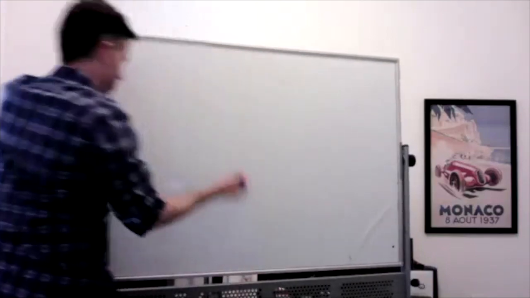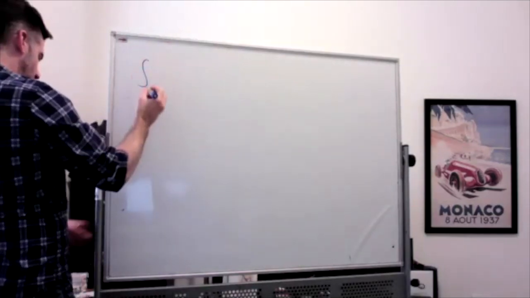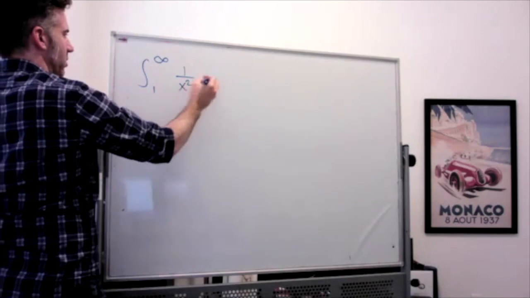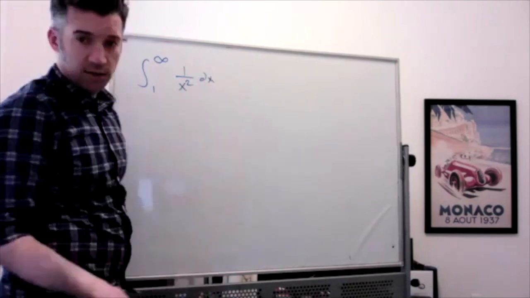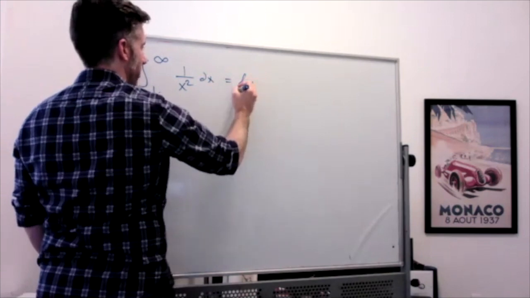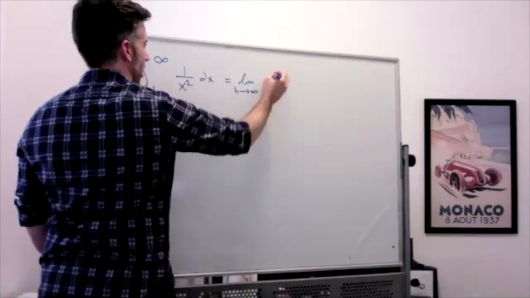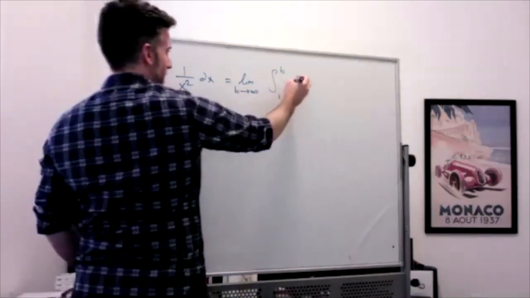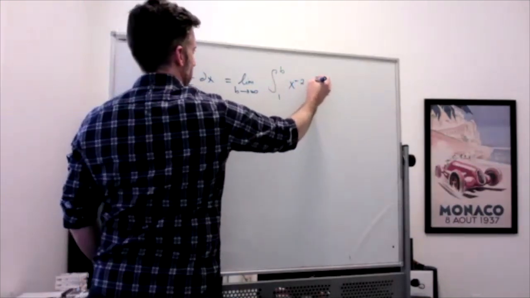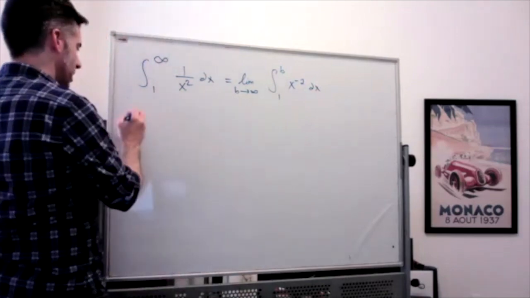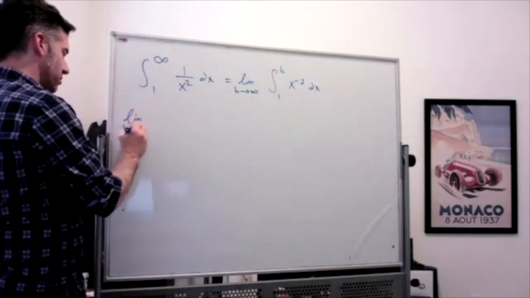Let's look at the integral from 1 to infinity of 1 over x squared dx. Same idea. We're going to take the limit as b goes to infinity of the integral from 1 to b. I'd probably write this as x to the minus 2. Then we're going to integrate, just leaving that limit out in front.